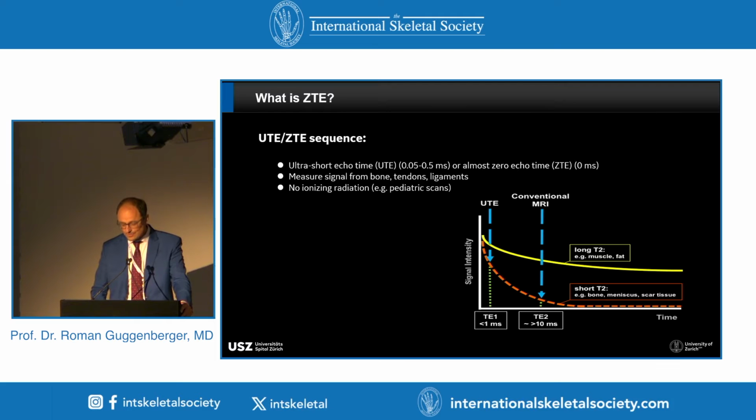So if we could reduce the echo time towards 0, we would end up with a far higher signal of tissues that would otherwise already have lost their signal on traditional MR sequences. And where should we aim? We know that the T2* decay of cortical bone is about 300 to 400 microseconds.